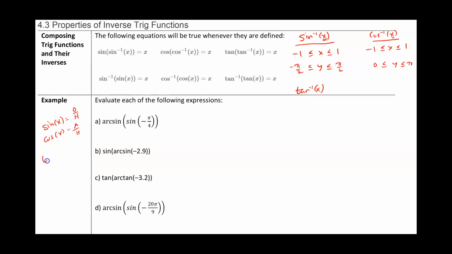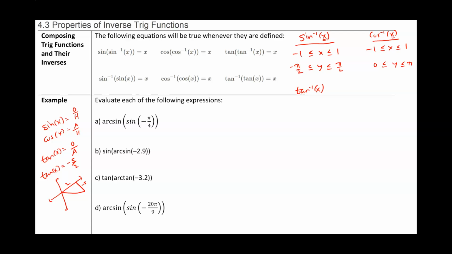Now for tangent, this is opposite over adjacent. There is no hypotenuse here. So for tangent, we can have something like -5 over 2. Let's say we have this angle here. The opposite side could be -5, the adjacent could be +2. That's completely valid.